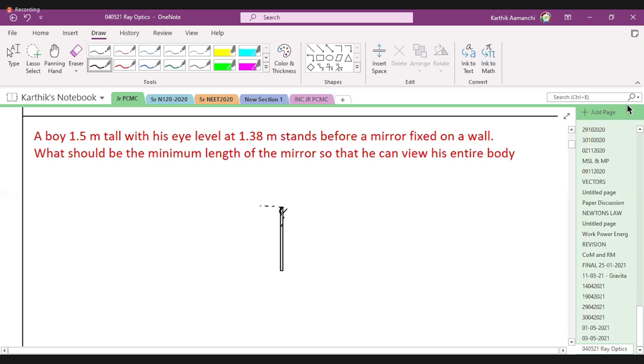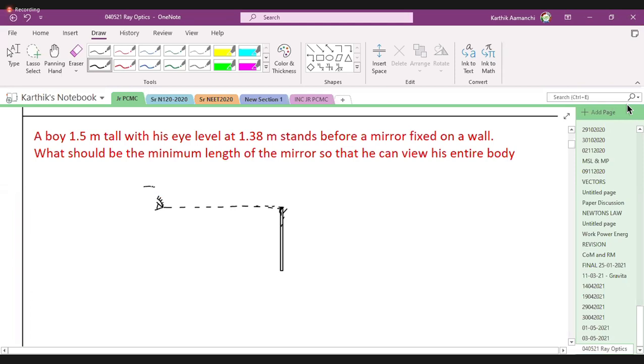So this is the eye level of the boy, right?